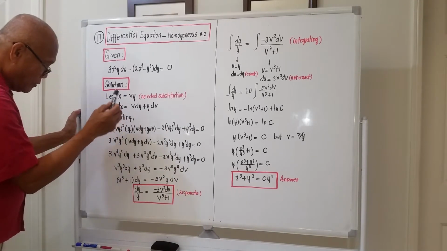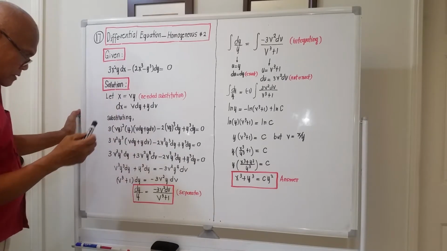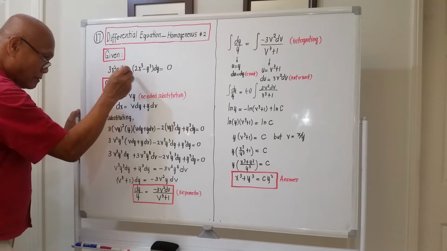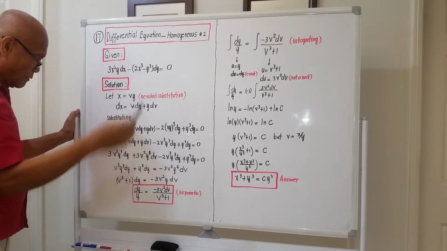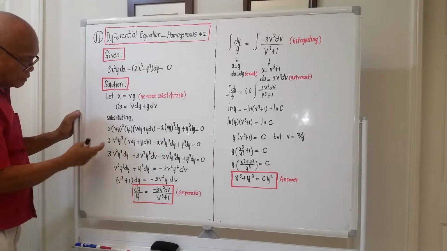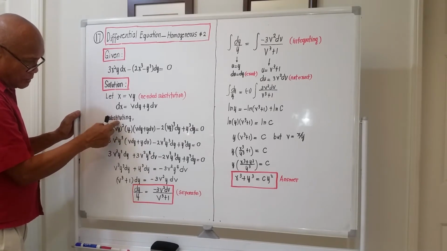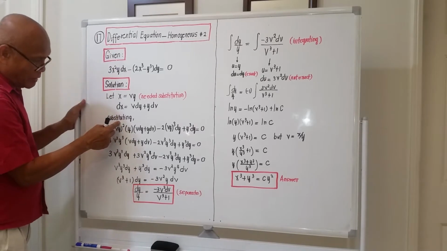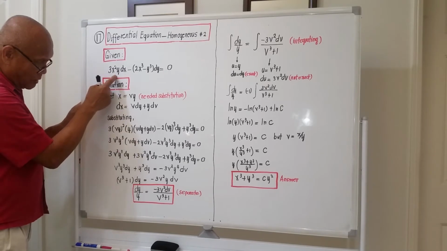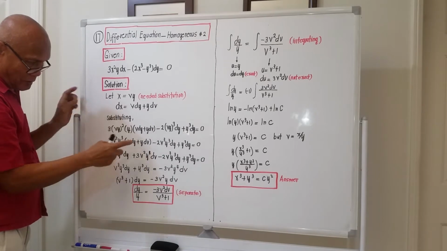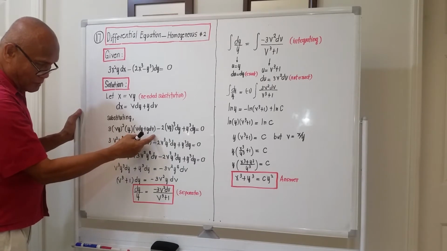Substituting the value of x and dx back here, what will come out? We will follow this. This will be 3 times x, which is by, quantity squared, times y, times dx. dx in terms of b is actually b dy plus y db.